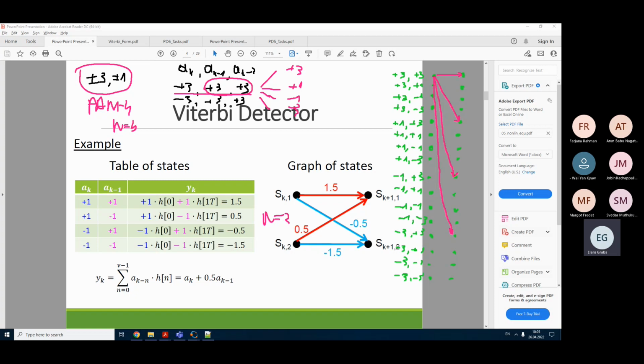So no other possible transitions are here. We cannot go to here, to here, to here.